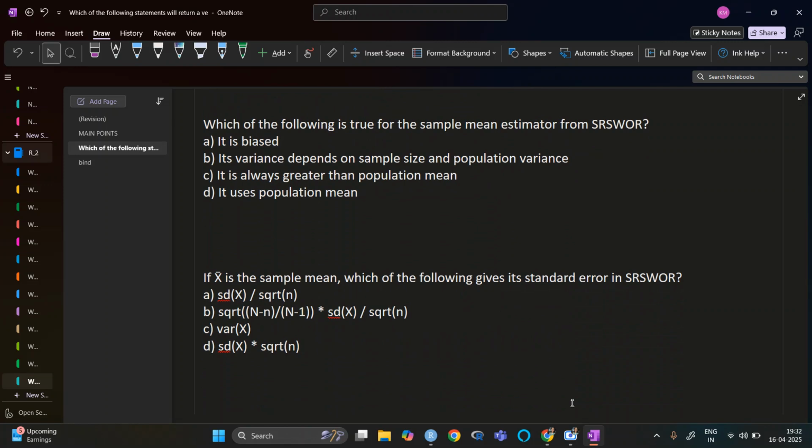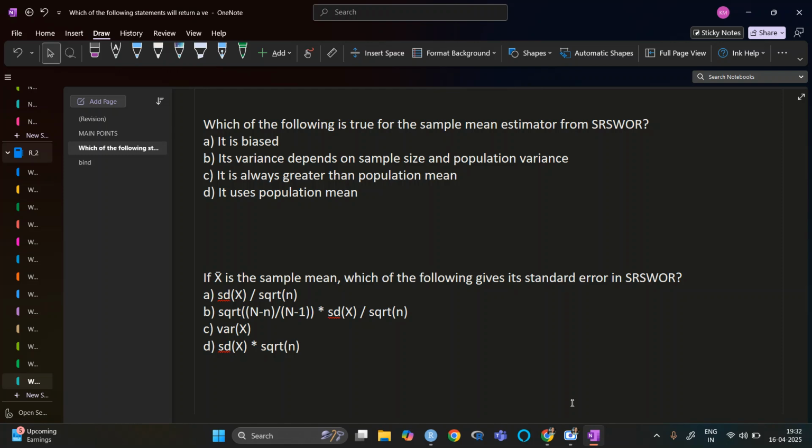Which of the following is true for the sample mean estimated from SRSWOR? It is biased. It varies depending on sample size and population values. Its variance depends on the sample size and population variance.